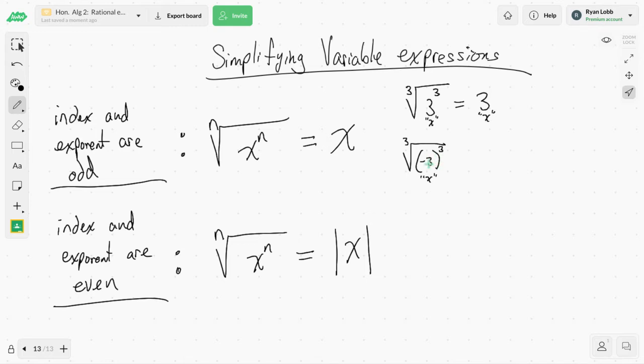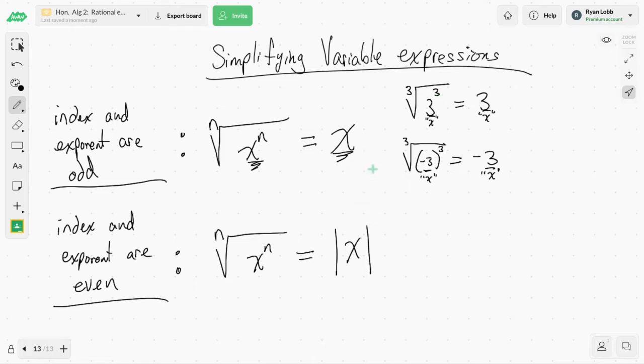What's negative 3 times negative 3 times negative 3? Negative 27. And the cube root of negative 27? Negative 3 times itself 3 times is negative 27, so negative 3. So when I have the cube root of 3 cubed or the cube root of negative 3 cubed, I just get exactly what I'm cubing here: 3, negative 3. Relate that to x, those odd and odd.